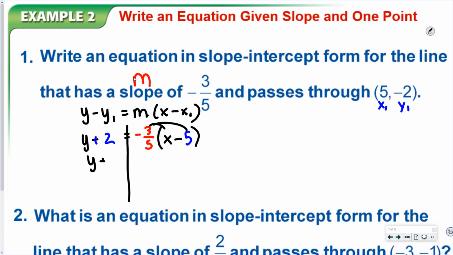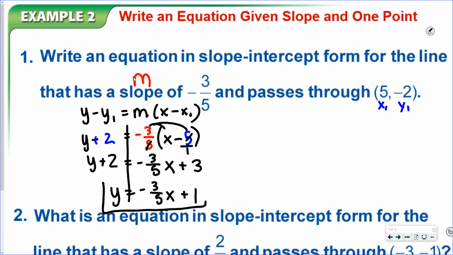This one actually turns out pretty nice, though. -3/5 x, because -3/5 times 5, the 5s cancel out, we get +3, and then you subtract over 2, so you get +1. Without graphing this, what's the y-intercept? 1. Good.